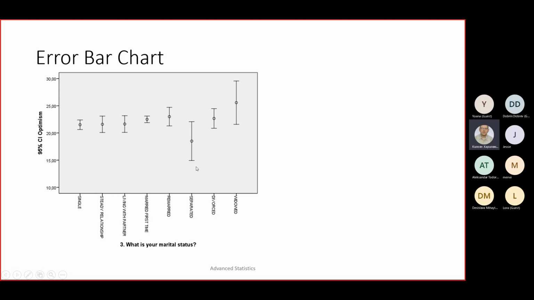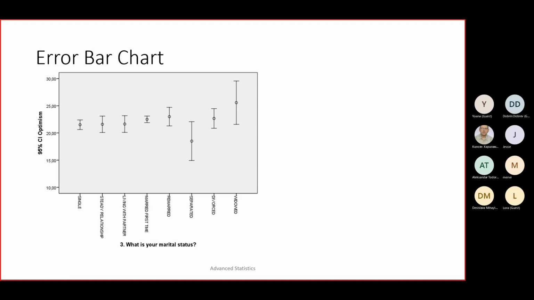So yesterday I said that if the difference between means is smaller than the errors, then this difference is not statistically significant. And in the opposite, if the difference between means is larger than errors, then this difference is statistically significant.